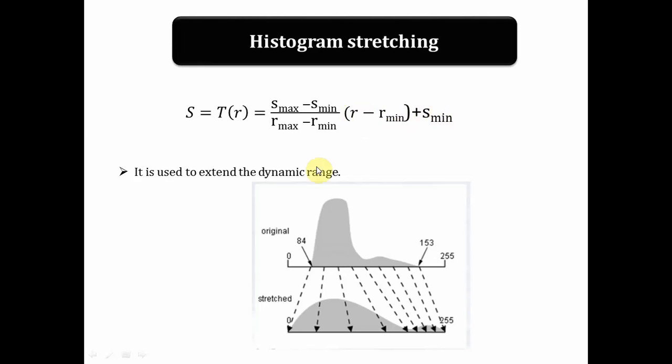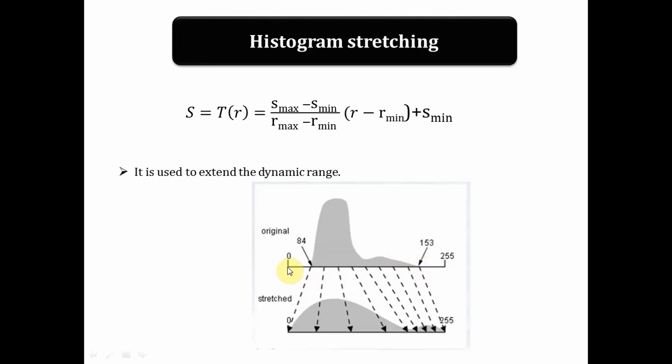Now, why do we require histogram stretching? If we have a histogram situated from this region to this region, it is not covering the entire range, that is 0 to 255, or 0 to L minus 1. It starts from 84 and ends at 153.